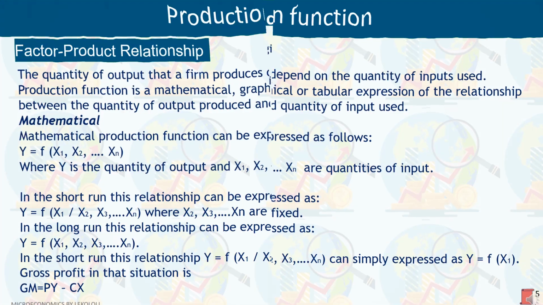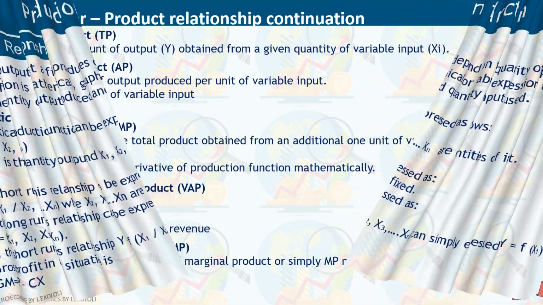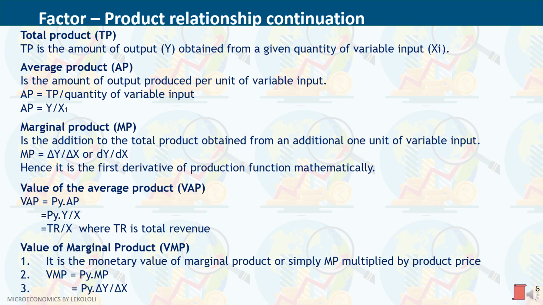Now let's look at total products, average products, marginal products, value of the average product, and value of marginal product. Imagine you are running a business.